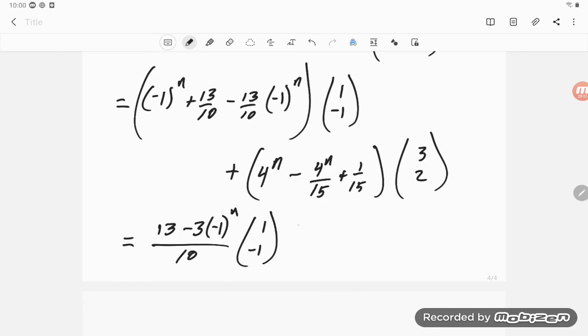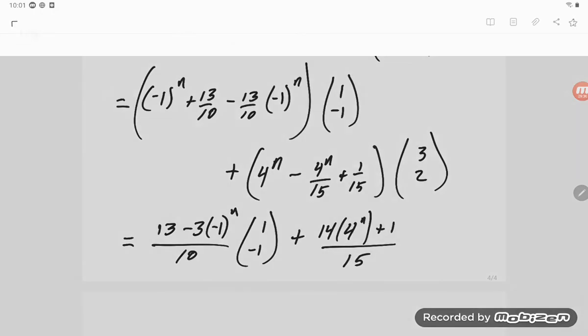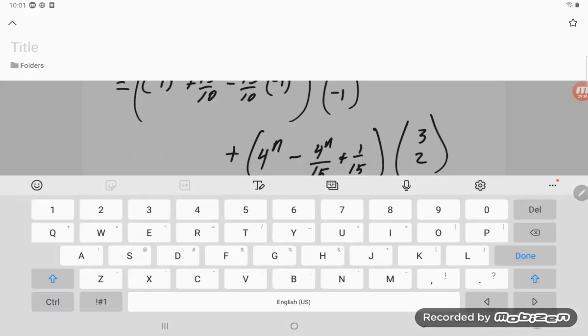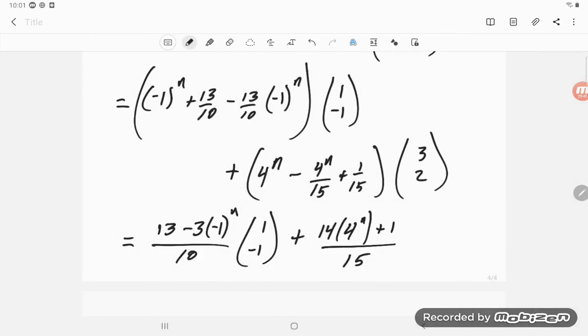And this is plus, I have 15 15ths minus 1/15, so that's 14 15ths. 14 times 4 to the n plus 1 over 15. Whoops, not sure what just happened. Now let me try to get rid of all that. There we go. And times 3 over 2.